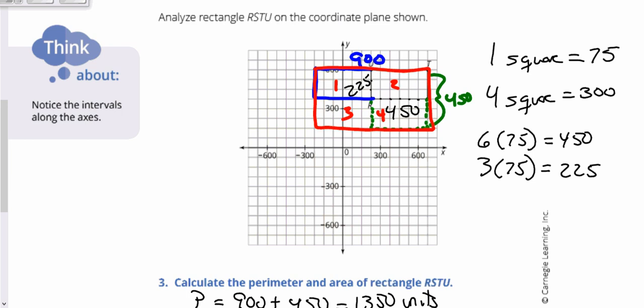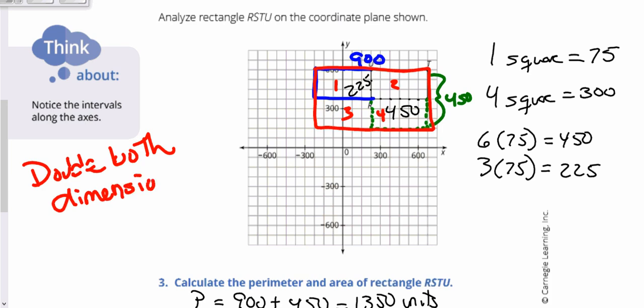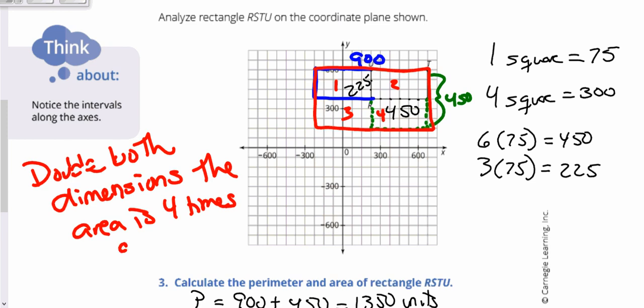If you double both of the dimensions, then the area is 4 times as big as the original.